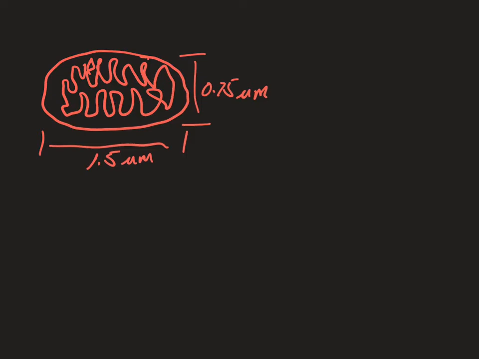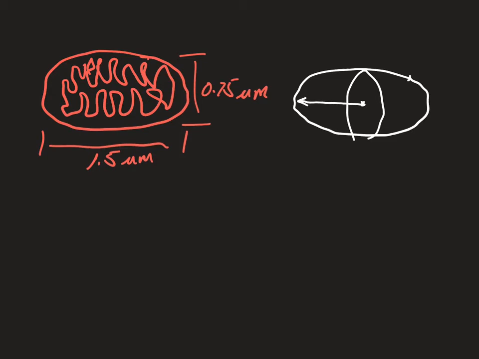And so if we look at the volume of an ellipsoid, something that is elliptical but round in the other direction, you've got a distance from center out, from center up, and from center to the edge.